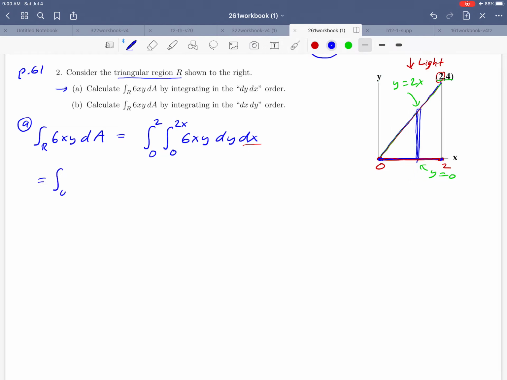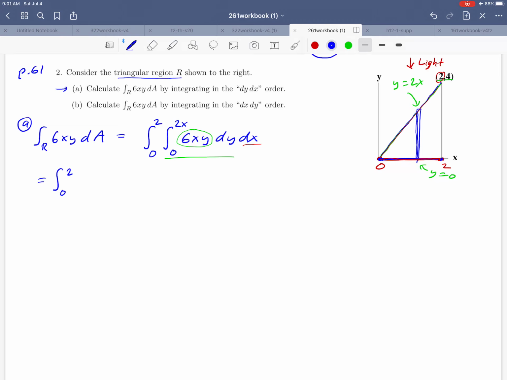Okay, so as we did in the example above, we're going to start with the integral on the inside. We're integrating with respect to y, so we need an antiderivative of 6xy with respect to y. Remember that when we do that, we're treating x as if it were a constant and just integrating with respect to y.